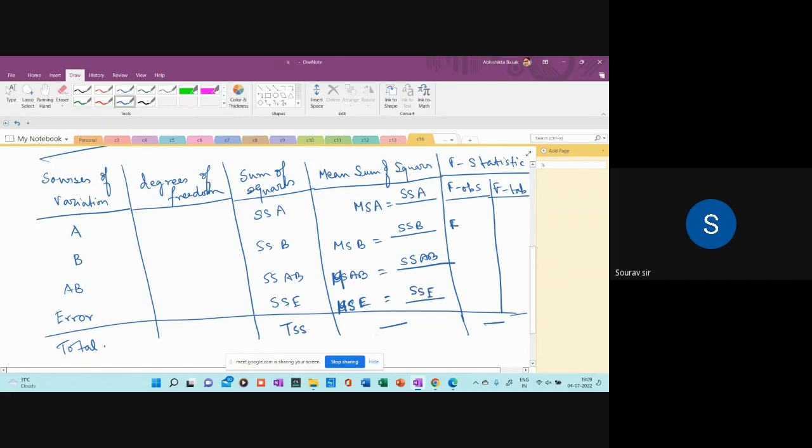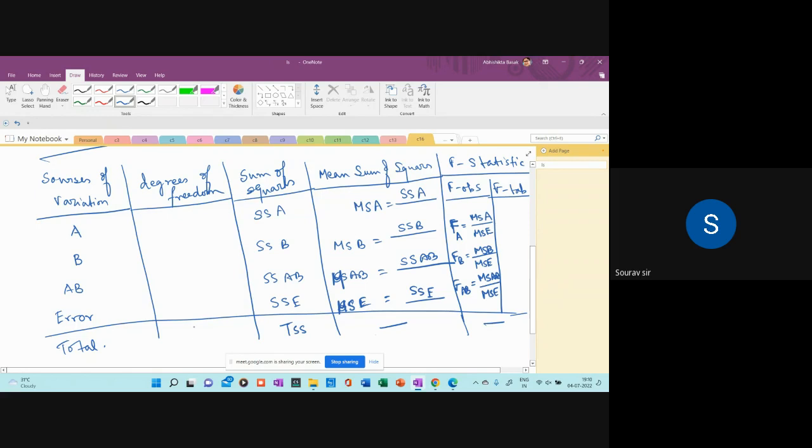For the F statistics, we are going to have three tests over here. For F A, the test statistic is MSA by MSE, for F B it is MSB by MSE, and for F AB, that is to test the interaction, it is MSAB by MSE, and corresponding F tabulated you will get.